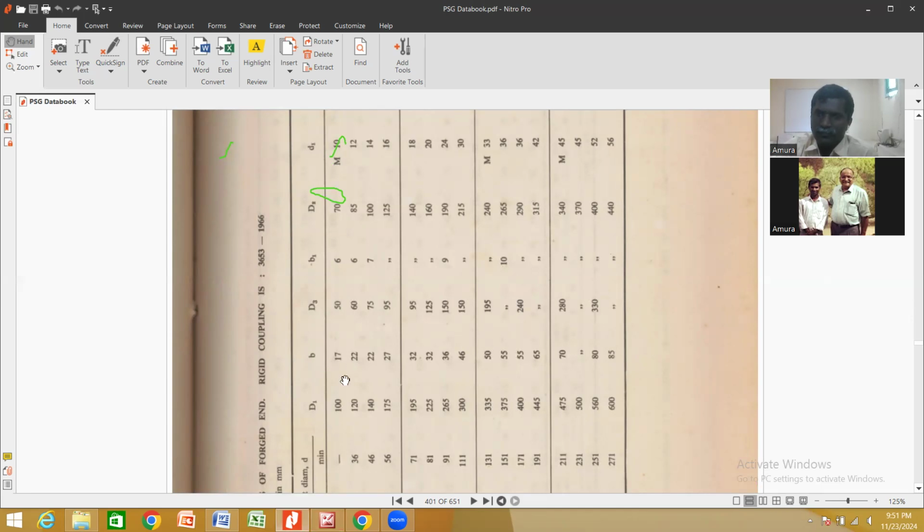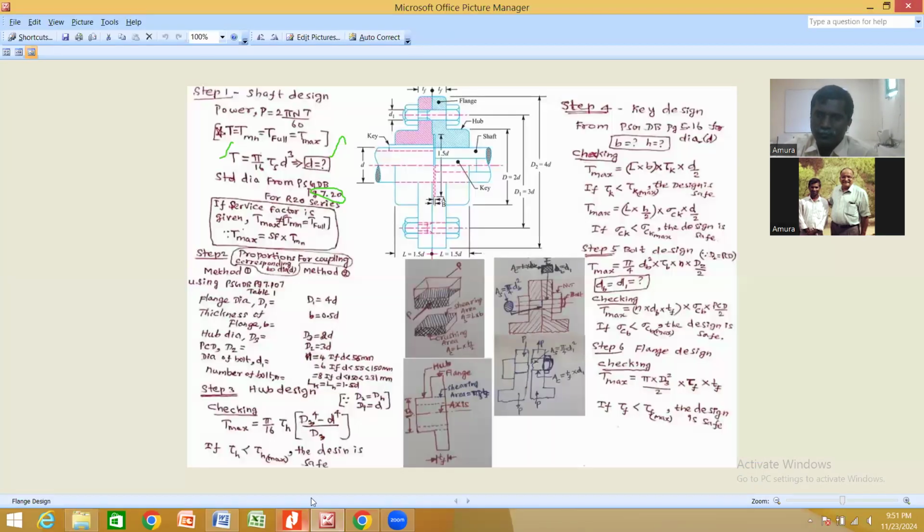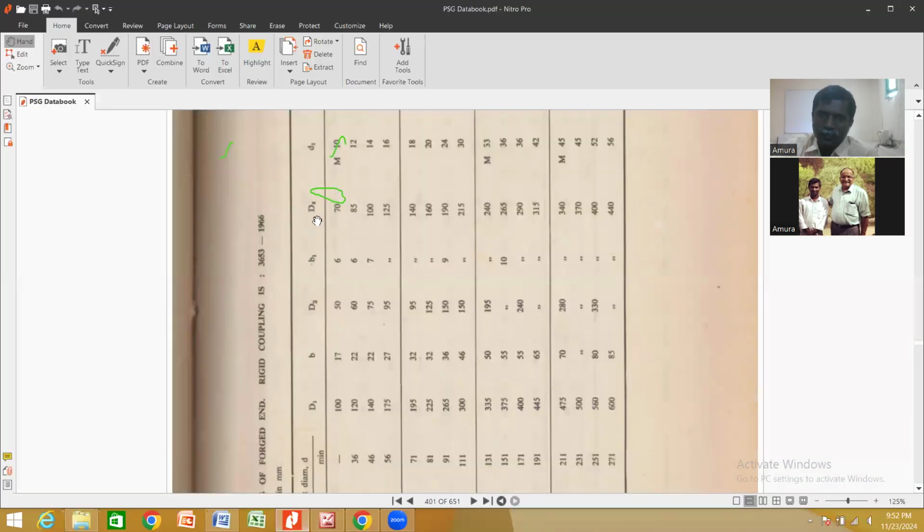And B is nothing but the thickness of the flange; here they have given TF. And if you come back, the pitch circle diameter, that is D, we can call it PCD. And the hub diameter here, D3, is the hub diameter. And T2 is the pitch circle diameter.